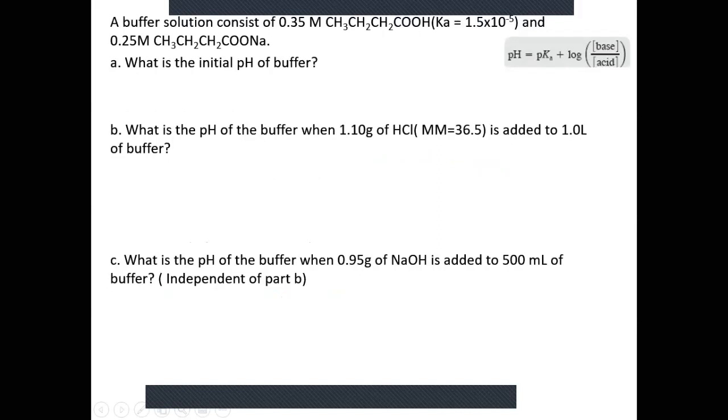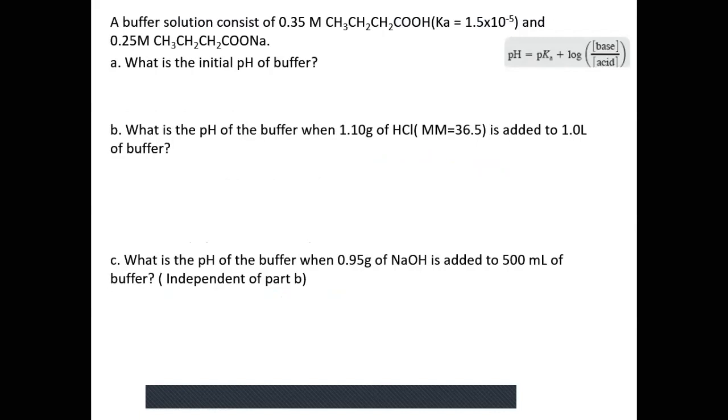So now, we have a buffer solution consisting of 0.35 molar propanoic acid and 0.25 molar sodium propionate. We want to know what's the initial pH of the buffer. And we have that pH equals the pKa plus log of the concentration of base over acid.